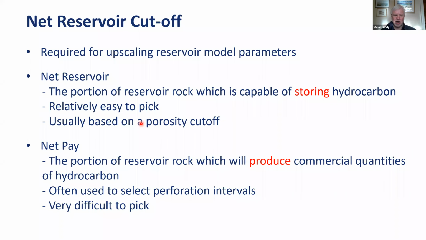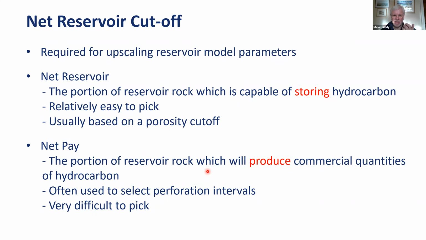Now, in contrast, we have net pay, which is much more complex, and that is the proportion of reservoir rock that can produce commercial quantities of hydrocarbon, and is useful maybe to select perfect intervals, but it's very difficult to pick. All the hydrocarbon in your reservoir is potentially producible, but you need to drill lots of wells.